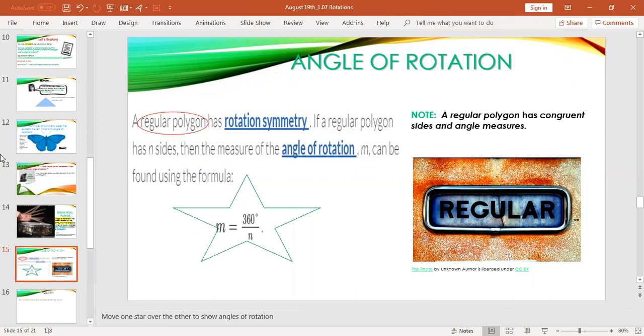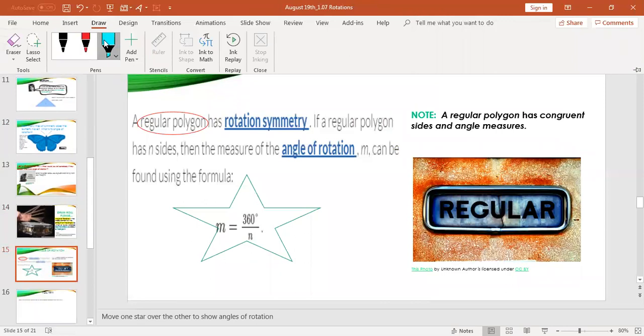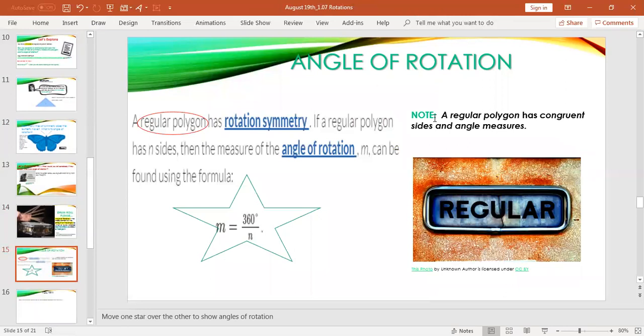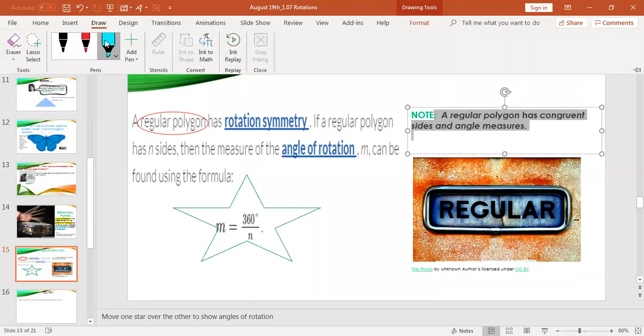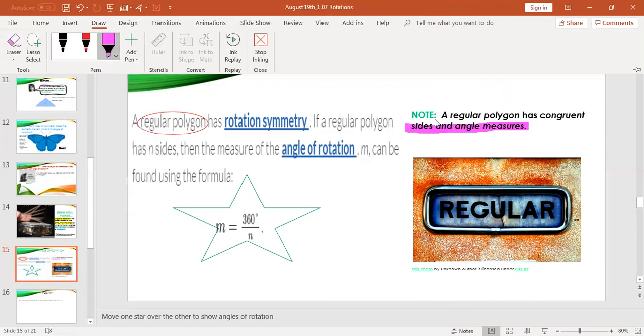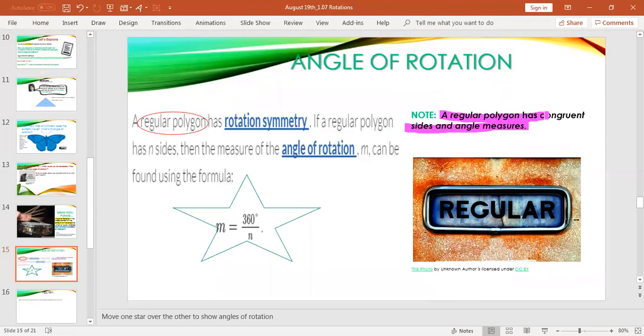So just be aware that a regular polygon has congruent sides and angle measures. So a square is a regular polygon because all four sides are the same length and all four angles are equal to each other, 90 degrees.